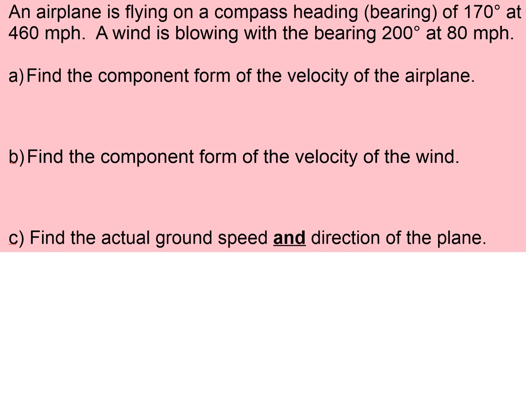So I'm going to start off with the first one and do a little sketch here. It says a heading of 170 degrees. So 170 degrees would have been this angle, something like that. But I want the directional angle. So the direction, remember, is measured from the positive x-axis. And again, I could rotate all the way around, but I would like to use smaller angles if I can.